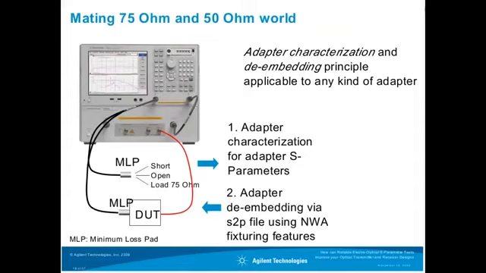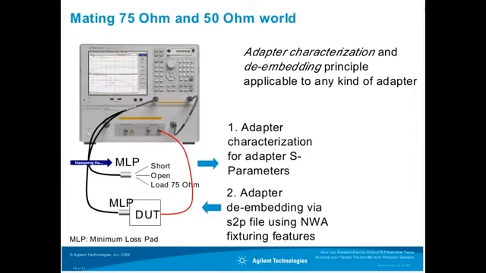For instance, here you have a minimum loss pad, and this minimum loss pad can be characterized by the adapter characterization method, by a short open load measurement. From this adapter characterization, you get an S parameter file, and this S parameter file can then be loaded into the fixturing application of your network analyzer.